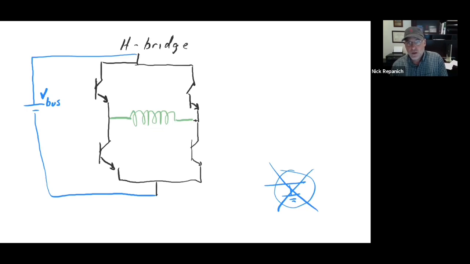We wouldn't need one if it weren't for the fact that if we want current to go this way through there, I know you guys have learned this, then you're going to turn that switch on and that switch on, and you're going to leave this one open, that one open, and that one open, so that current would flow. You can see it, track it through, out of the power supply, in through.